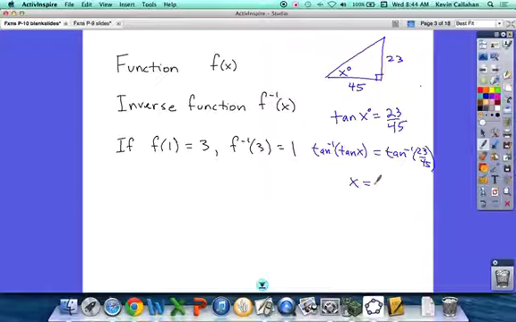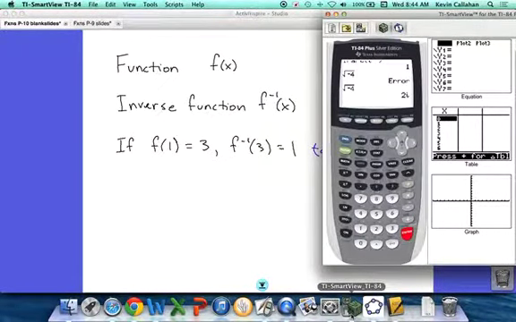You've solved for x by using the inverse function. And if you look at your calculator, in fact, you have those buttons. Above your sine, cosine, and tangent, you have sine to the -1, cosine to the -1, tan to the -1.